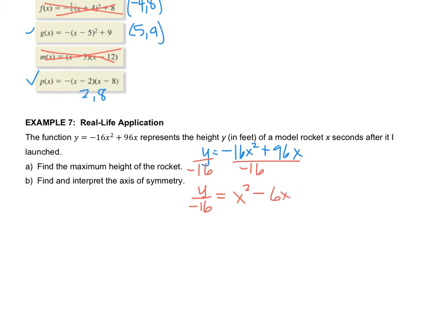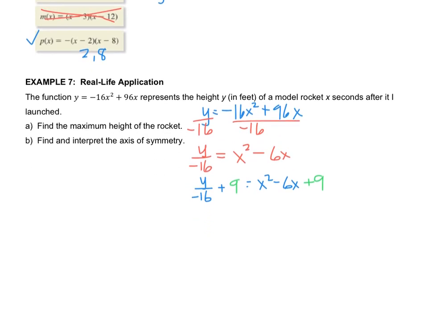Now we're going to add half of b squared to both sides. So it's going to be y over -16 plus 9 equals x squared minus 6x plus 9. If you don't know where I got the 9 from, it's because I did half of -6 squared.